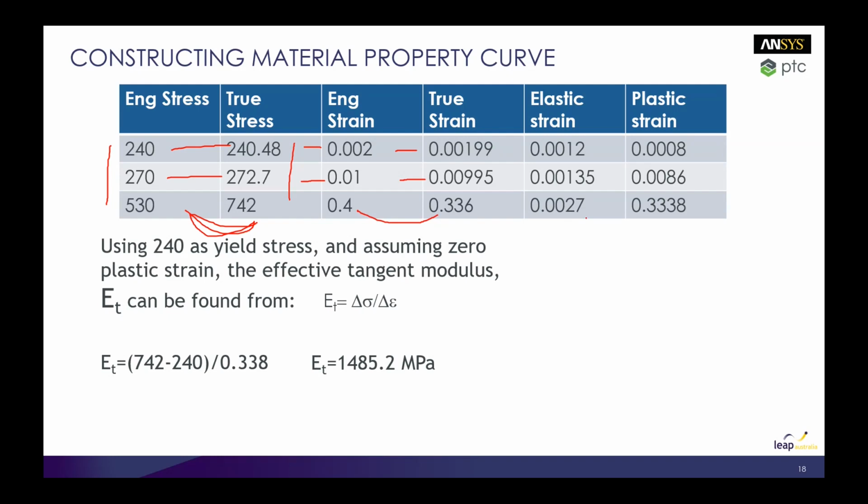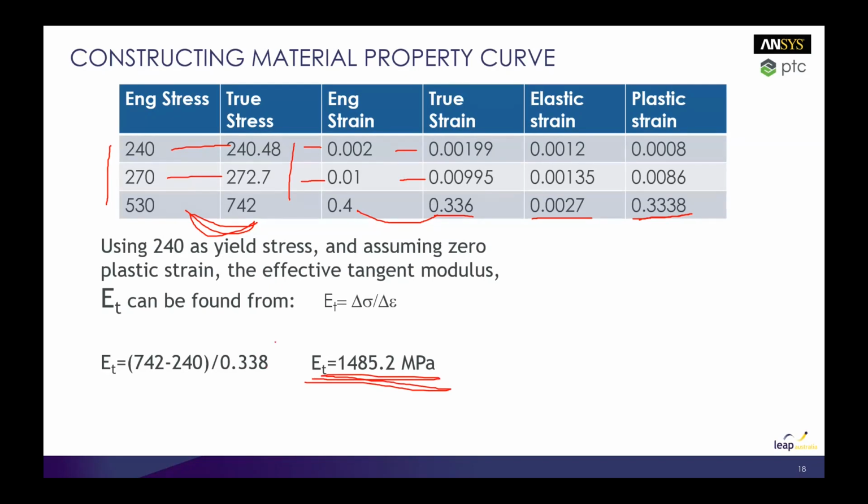This strain here will contain an elastic portion, which is very, very small compared to the overall strain. We take the difference in stress divided by the plastic strain, or change in strain. We assume the elastic portion is negligible, and then we come up with a tangent modulus.